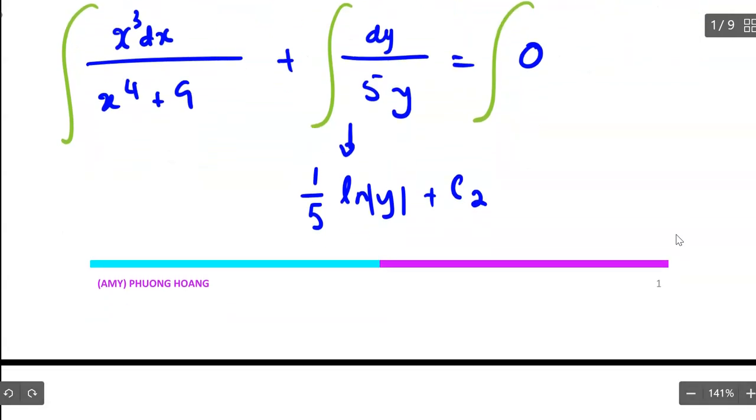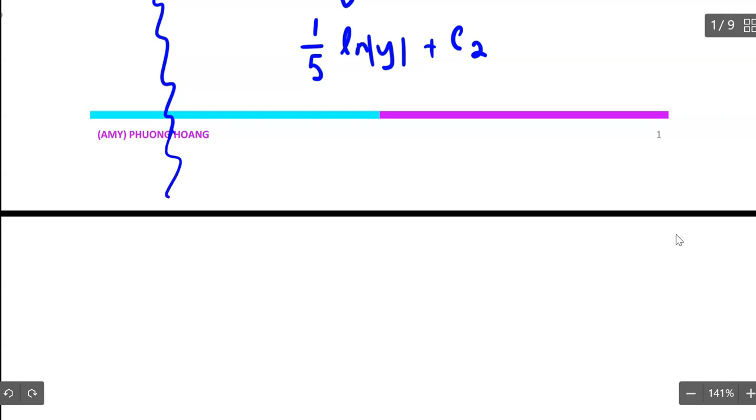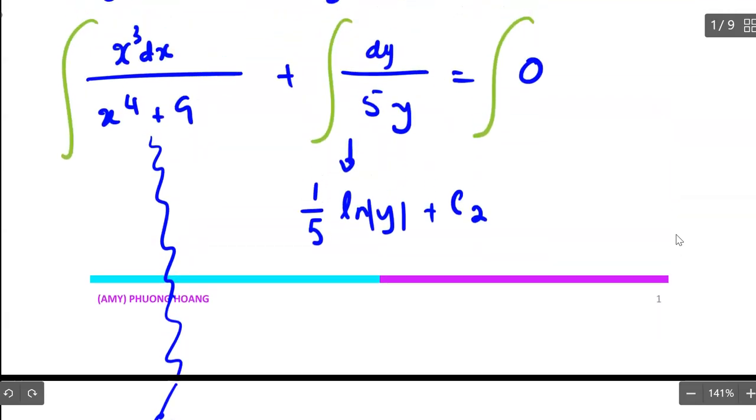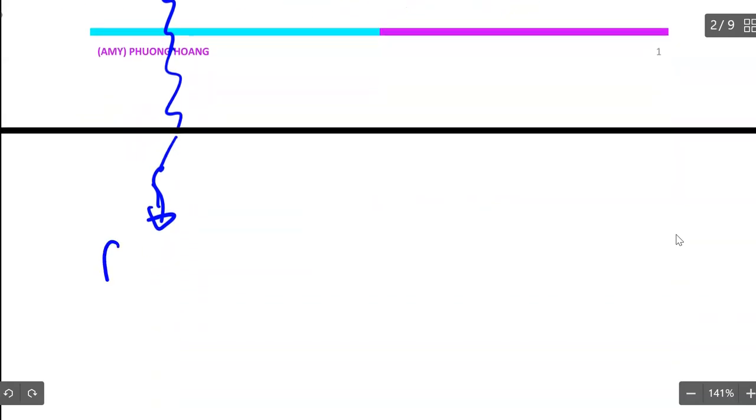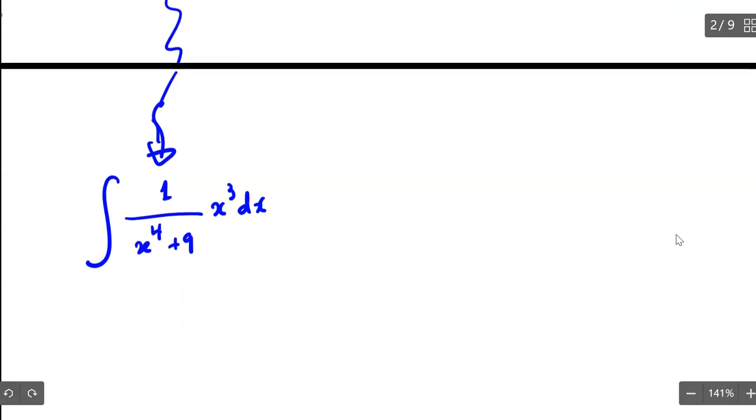Okay, so now I'm going to solve for this integration. I will rewrite it like this: integral of x to the exponent 3 dx over x to the 4 plus 9. The reason I'm writing it like this is because I'm going to let u equal to x to the 4 plus 9.